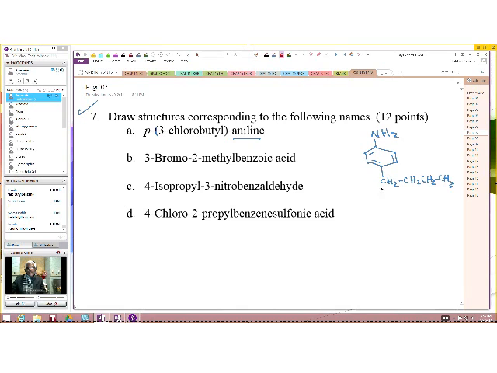So we call this carbon 1, carbon 2, carbon 3, and carbon 4. 3-chlorobutyl means the chlorine is on carbon 3 of this butyl. So we remove this hydrogen and replace it with chlorine. Therefore, this is the structure of p-3-chlorobutyl.